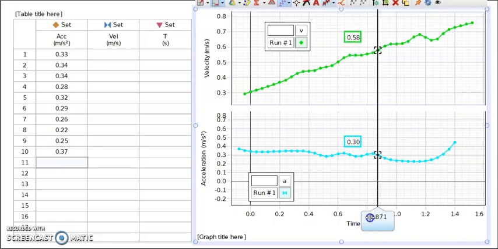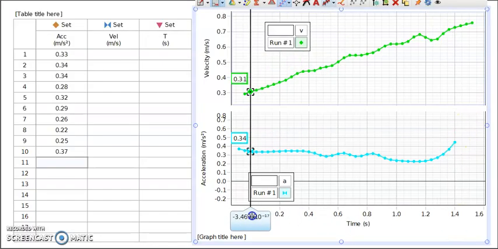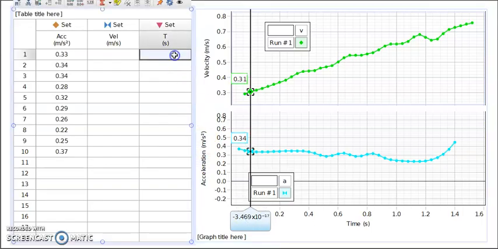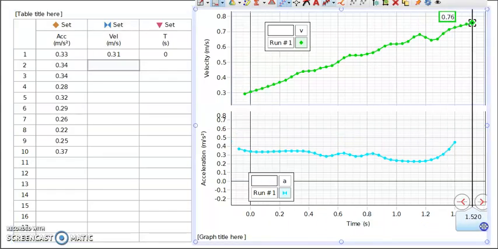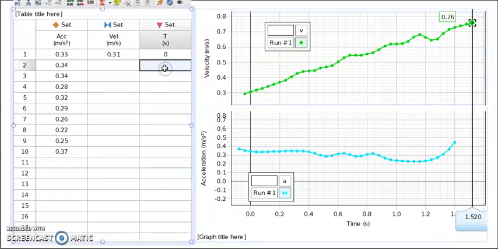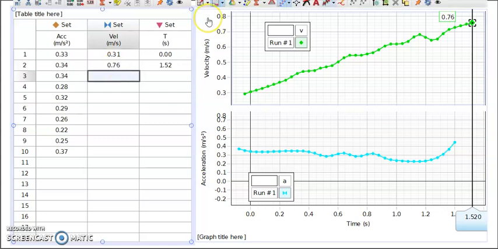Let's start off with the first coordinate at time 0 seconds, which has a velocity of 0.31 meters per second. Our next coordinate will be this point, at a time of 1.52 seconds, and it had a velocity of 0.76 meters per second.